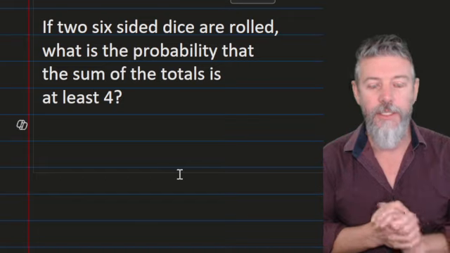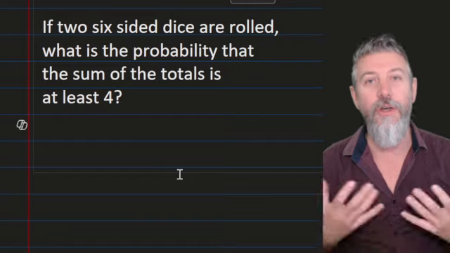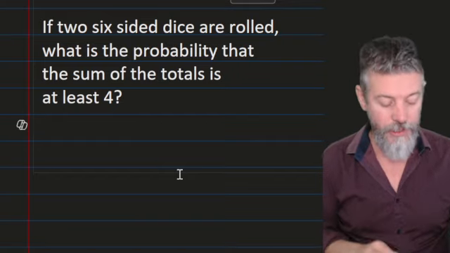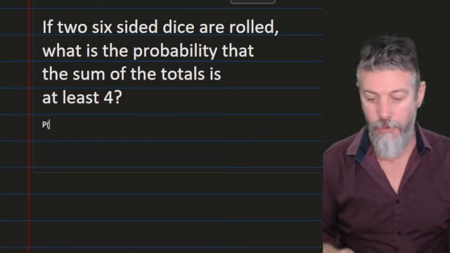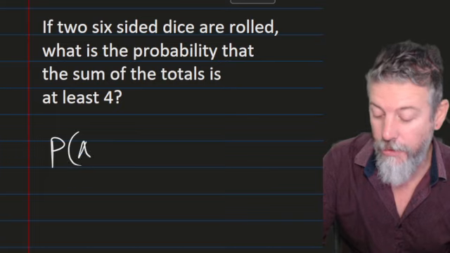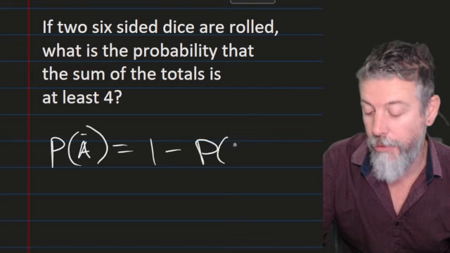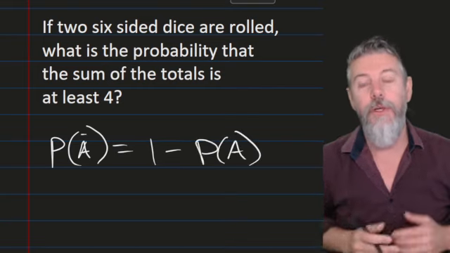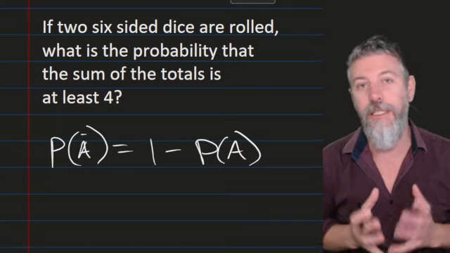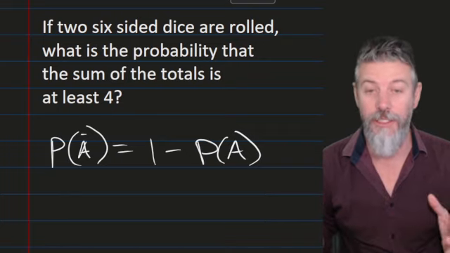Another way brings in the idea that we could be using "not". So if we said, and we've covered this before, let me write: the probability of not A is equal to 1 minus the probability of A. So this is paramount to a lot of things in advanced probability questions.